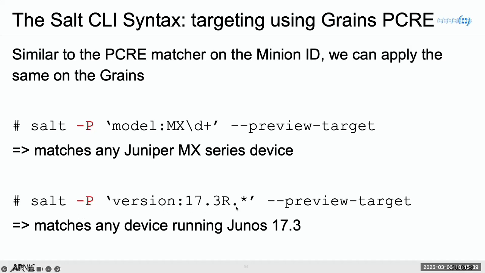If you want to match against a specific version, you can specify the version, but if you just want to match the major version and not the minor release, you can specify star. In that case, it will just check the major release and not the minor.